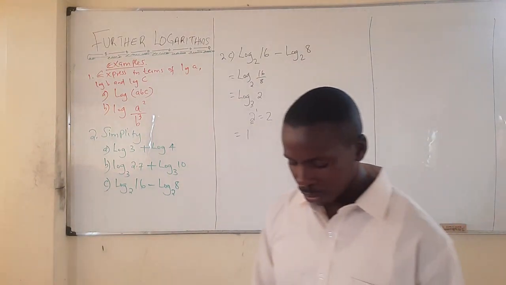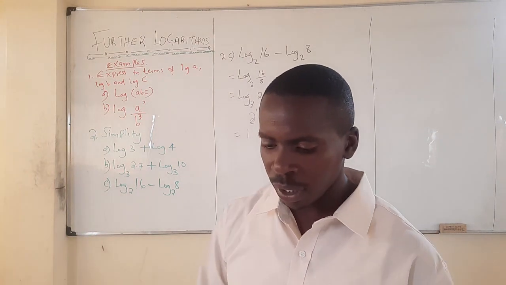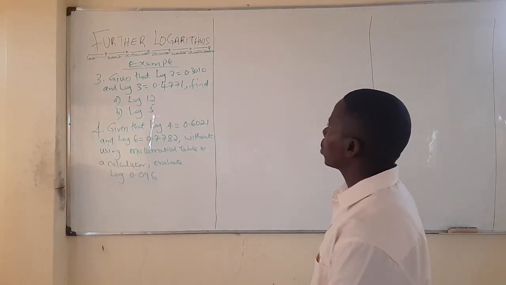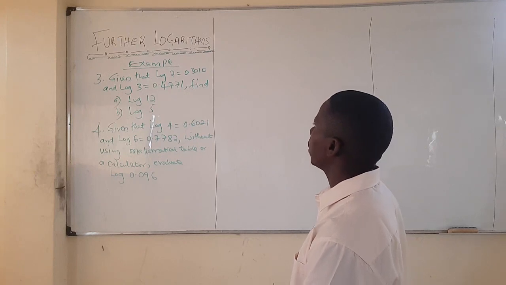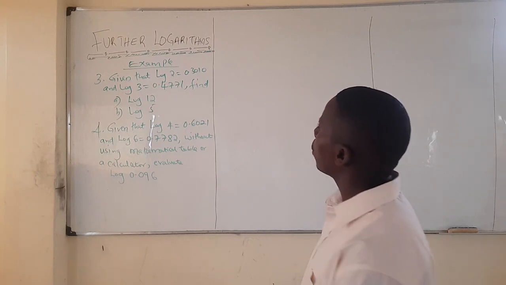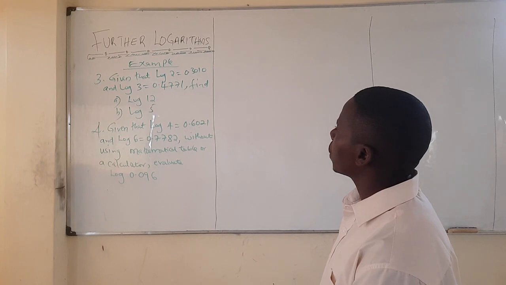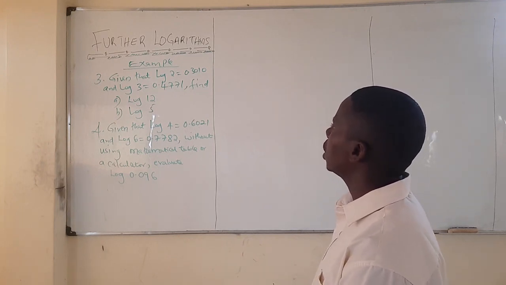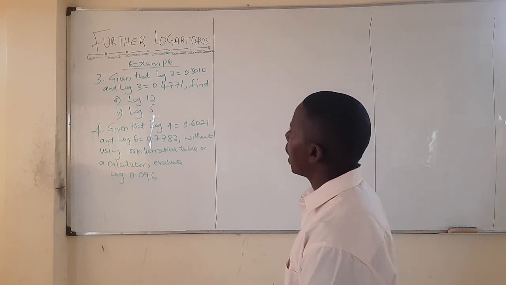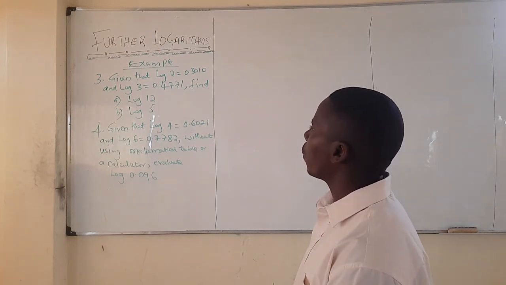And let's look at 2 more examples. So number 3, you've been told, given that the log of 2 is equal to 0.3010, and the log of 3 is equal to 0.4771, find A, log 12, and B, the log of 5.